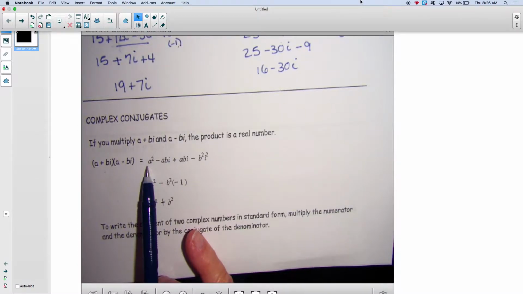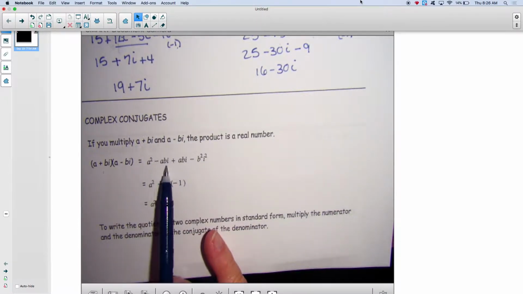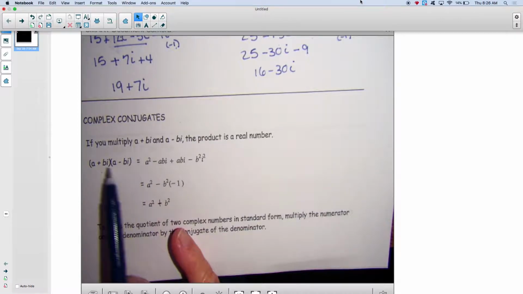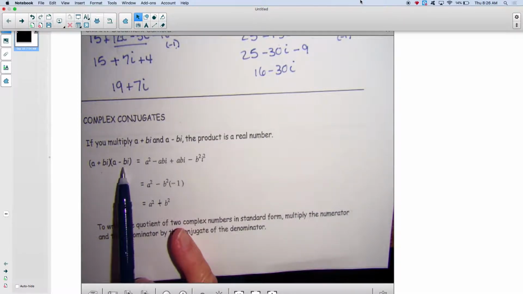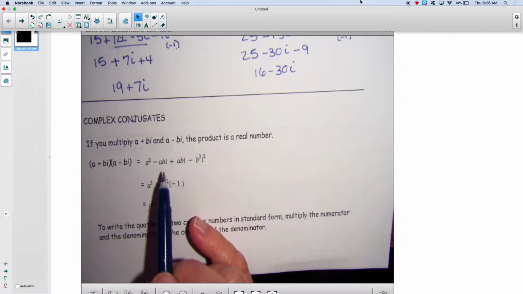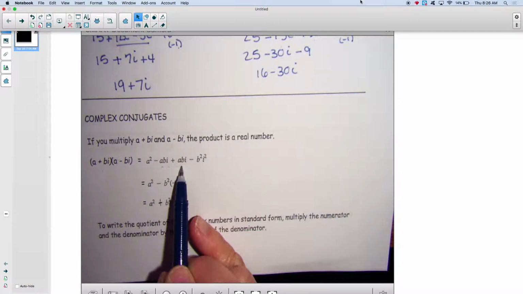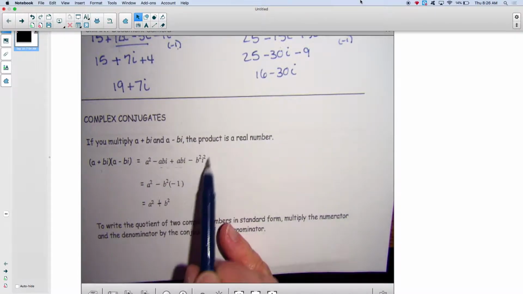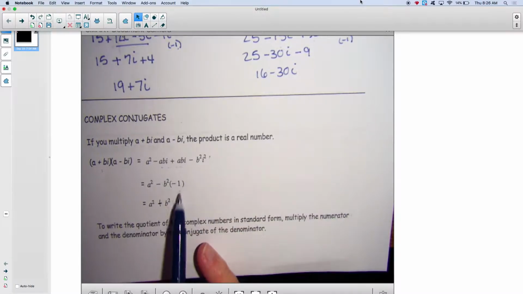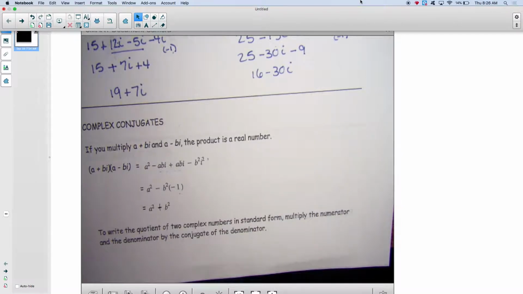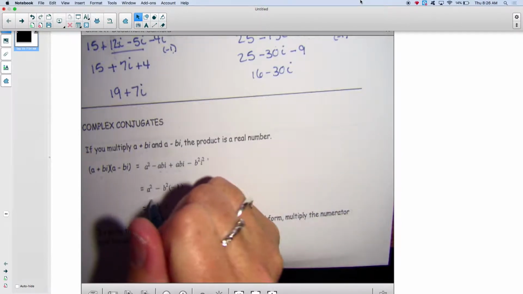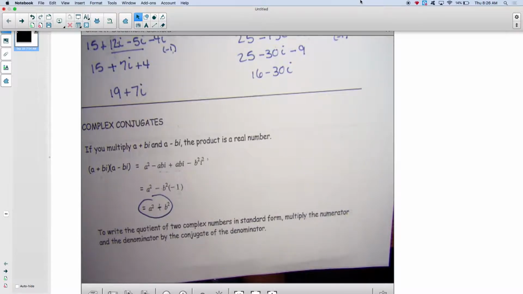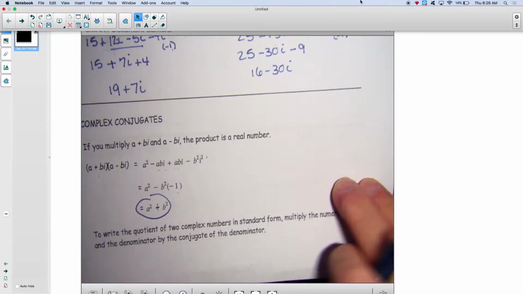So a squared minus abi plus abi minus b squared i squared. What happens to the middle terms here? They cancel out. So we have a squared minus b squared i squared. Well, i squared is -1. So when we multiply the complex number and its conjugate, we're going to be left with a squared plus b squared.